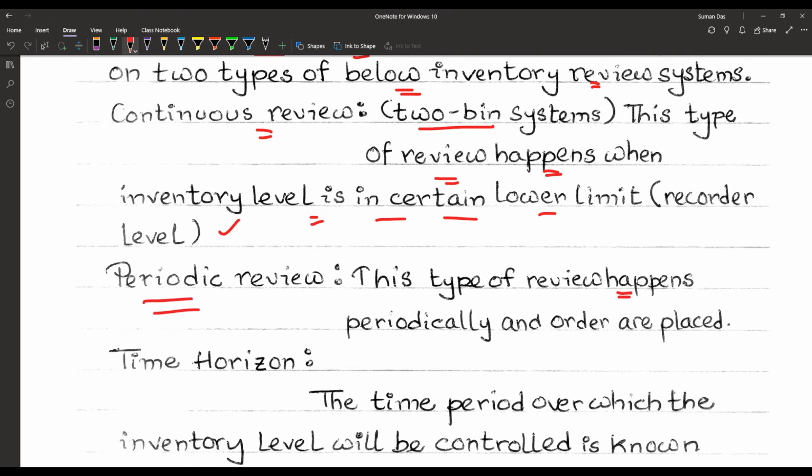This type of review happens periodically and orders are placed. In continuous review, when the stock is below some level, the review happens and we order. In periodic review, whatever the stock is, we just review the stock, and, suppose, each and every month we give some order.